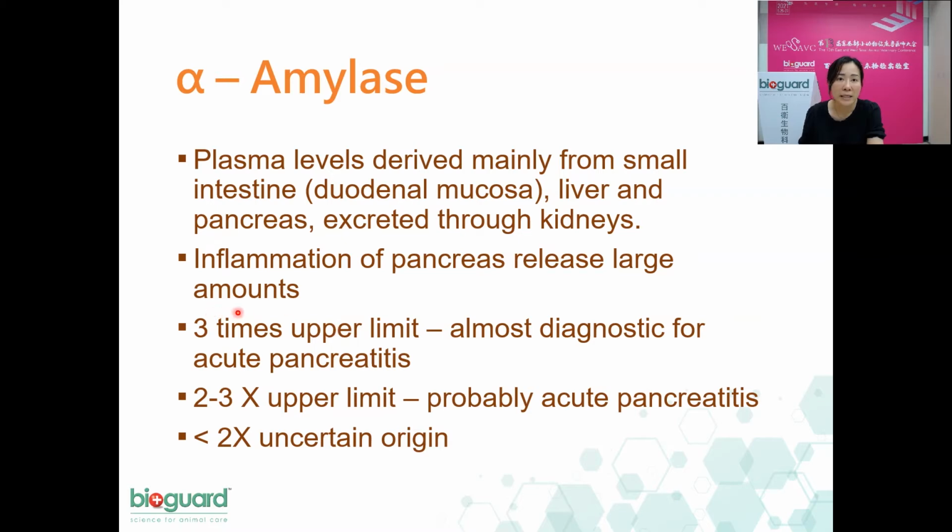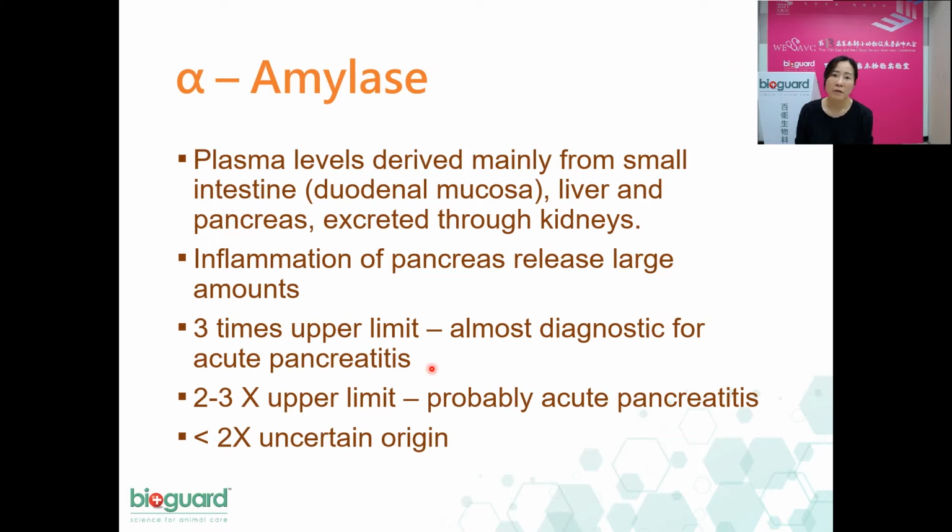Basically, inflammation of the pancreas will release a large amount of alpha amylase. So if we detect a level more than 3 times the normal reference value, we can have some confidence to say this case is maybe acute pancreatitis.